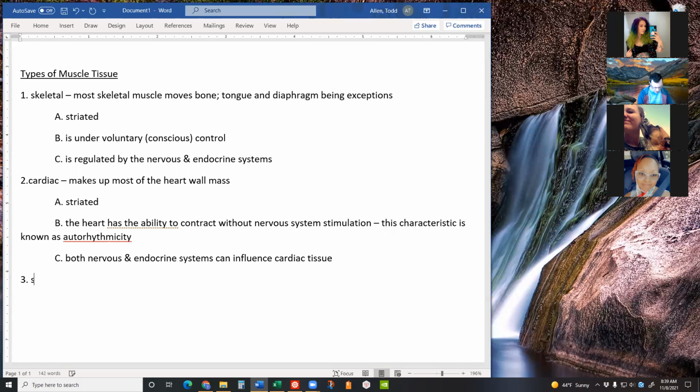Finally, we have smooth muscle tissue. Smooth muscle tissue is not striated. Smooth muscle tissue is found throughout the body. Let me give you a couple common places.